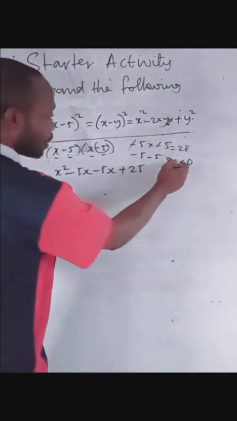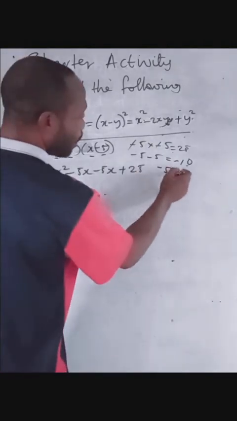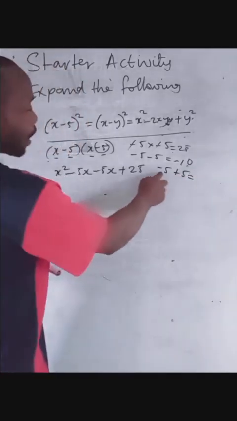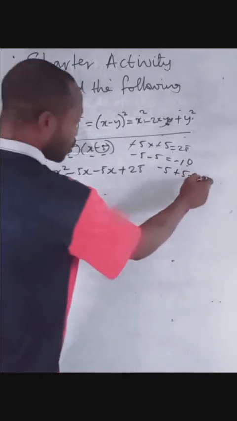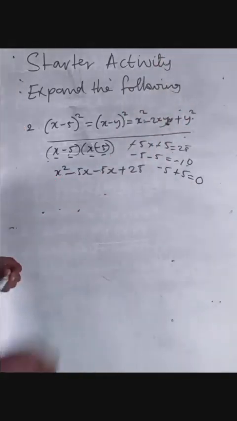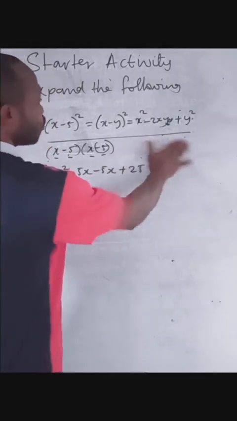Carry the negative sign, minus 10. When you have minus 5 plus 5, minus 5 plus 5 is equal to 0. The 5 will cancel out each other. 0. So you just need to know this. If you miss this in algebra, you miss the solution to the algebra.